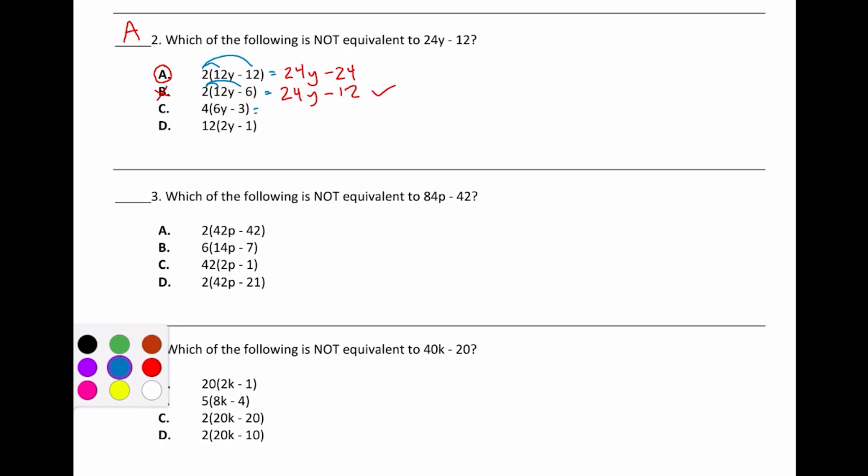For choice C, we can distribute the 4, and we get 24y again. 4 times negative 3 is negative 12. Okay, so that is equivalent, meaning it's not the answer. And then choice D, if I multiply that 12, I get 24y minus 12 once again. So for sure our answer is A.